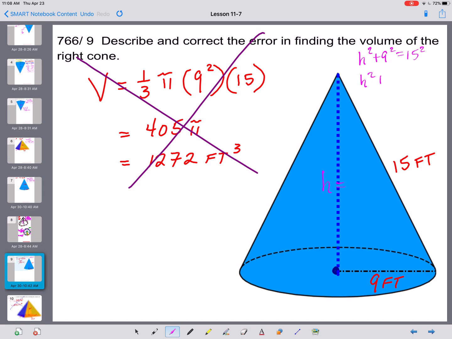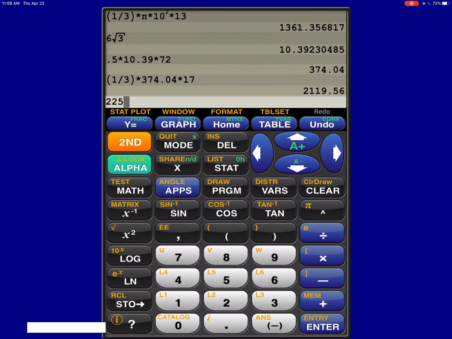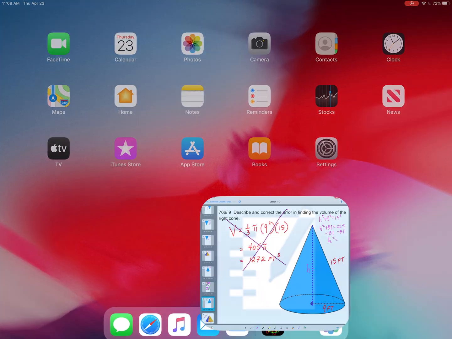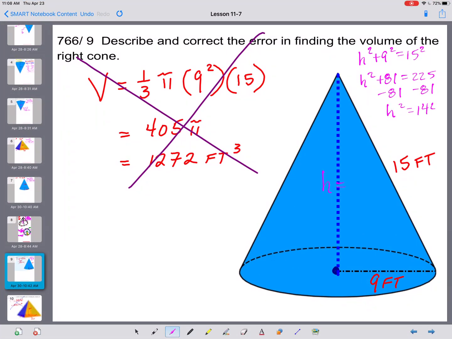H squared plus 81 equals 225. Minus 81, minus 81. H squared equals 225 minus 81, nice, 144. It's going to come out nice. Square root of 144, nice. The height that we need is 12.